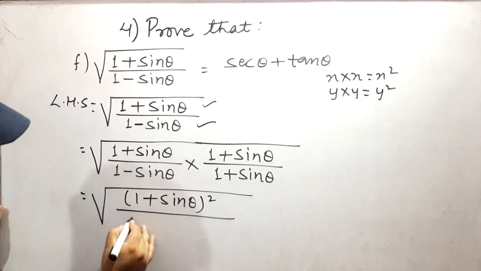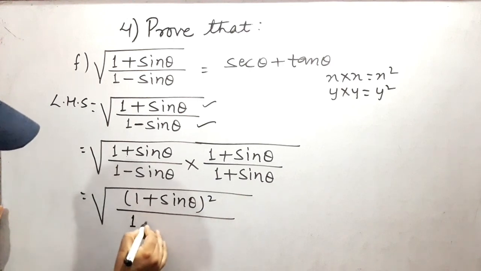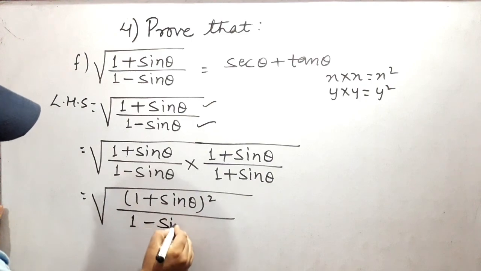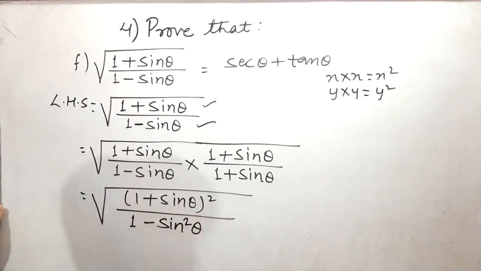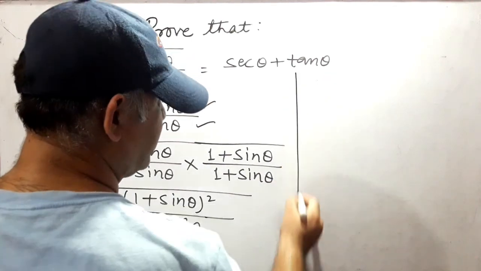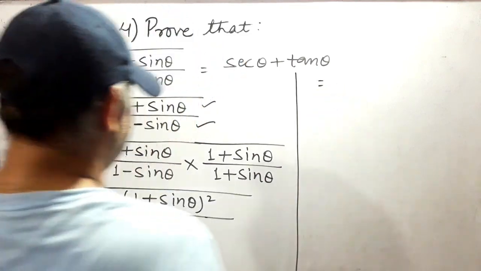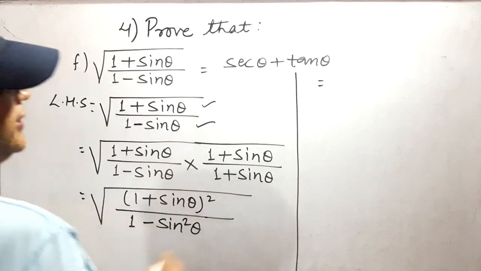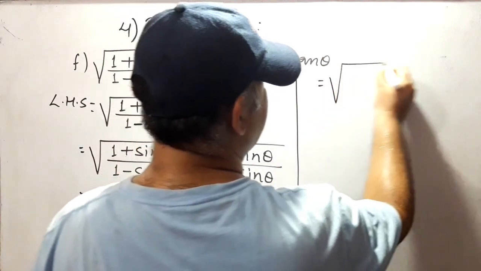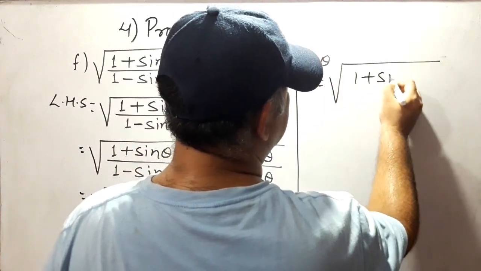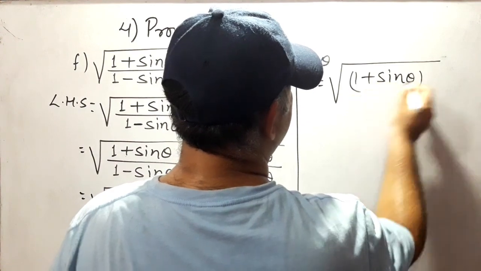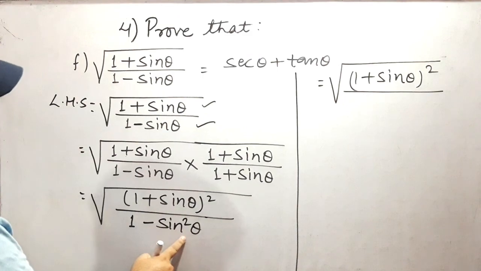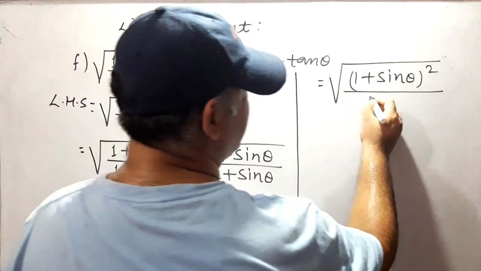A square is 1 square, which is 1, minus b square, which is sin square theta. Equals root under (1 plus sin theta) whole square as it is, by 1 minus sin square theta, which is equal to cos square theta.